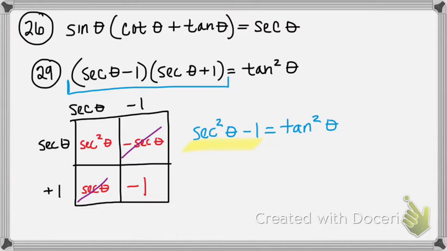I think it's under Pythagorean identity. No, it's not. It's under variations. I'm so sorry. Look where it says variations of the Pythagorean identity, and you'll see that tangent squared equals secant squared minus 1. So we verified that. So tangent squared does equal tangent squared. So we verified it.